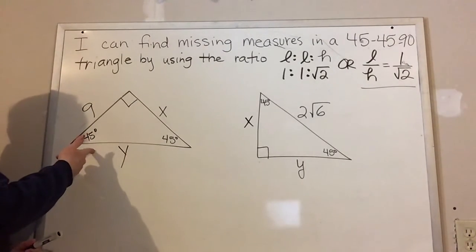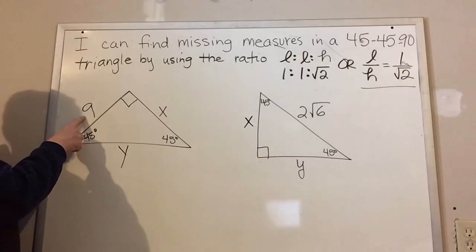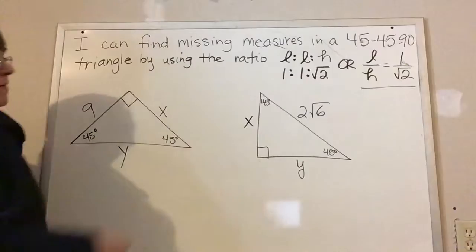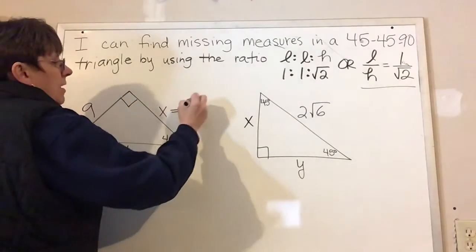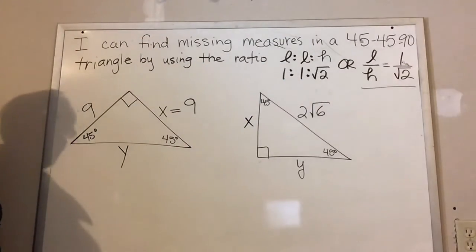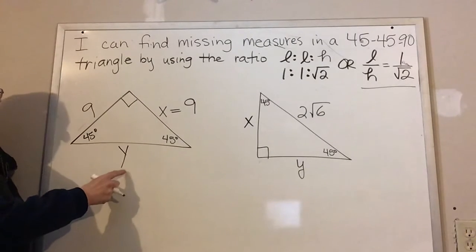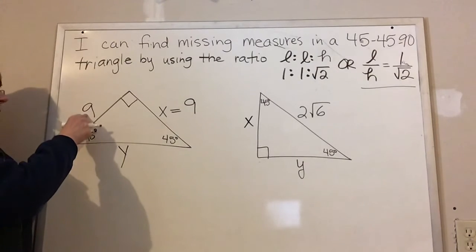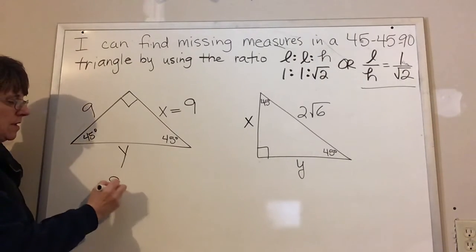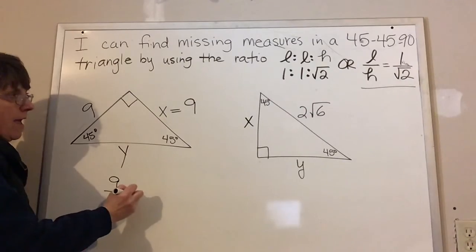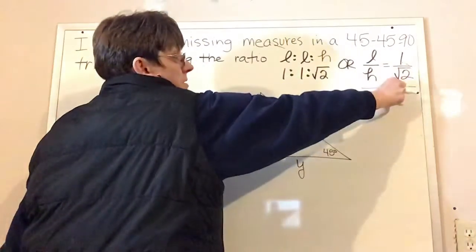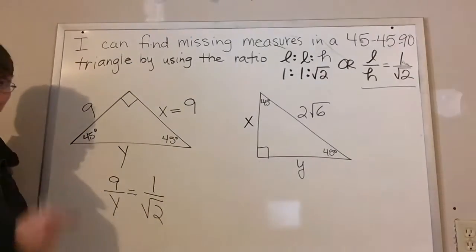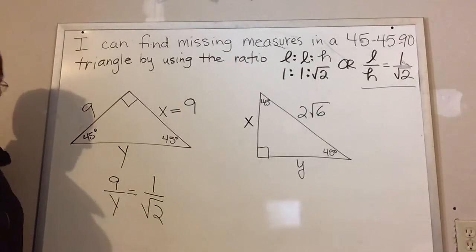Now, in this example, we're already given one of the legs. Across from the 45 degree angle is one of the legs. So across from the other 45 degree angle should be the other leg. Half the work is done. Now, if I want to find this, which is the hypotenuse, I want to write a ratio that compares a leg to a hypotenuse: 9 is to y as 1 is to the square root of 2, because that's the ratio for every leg to hypotenuse in a 45-45-90.